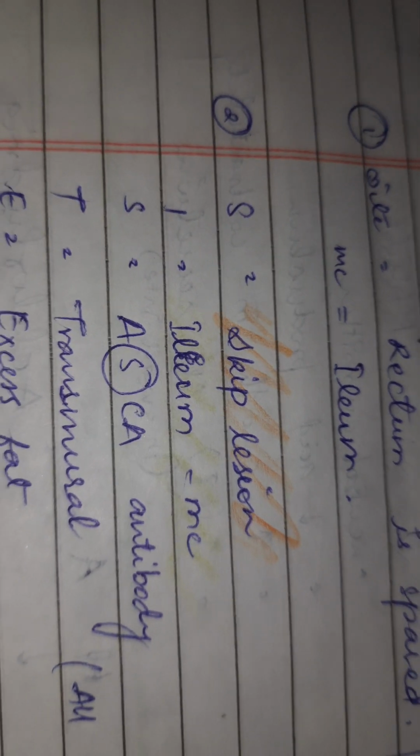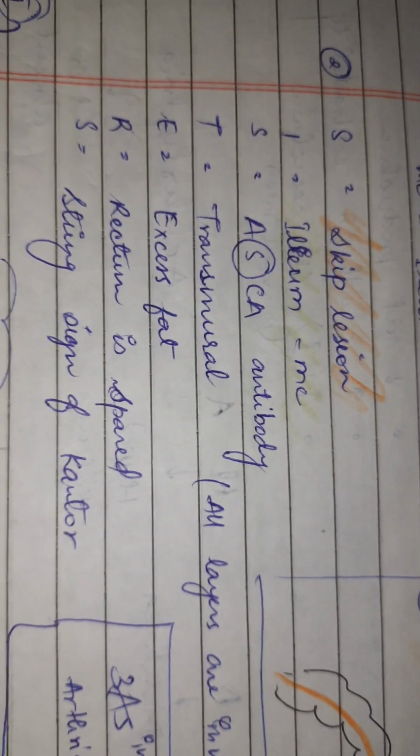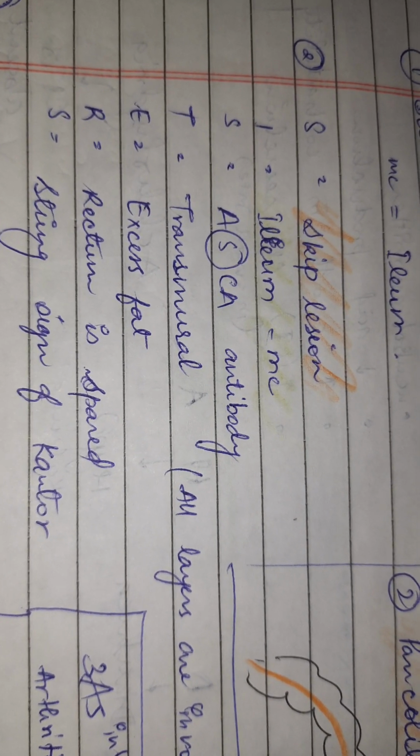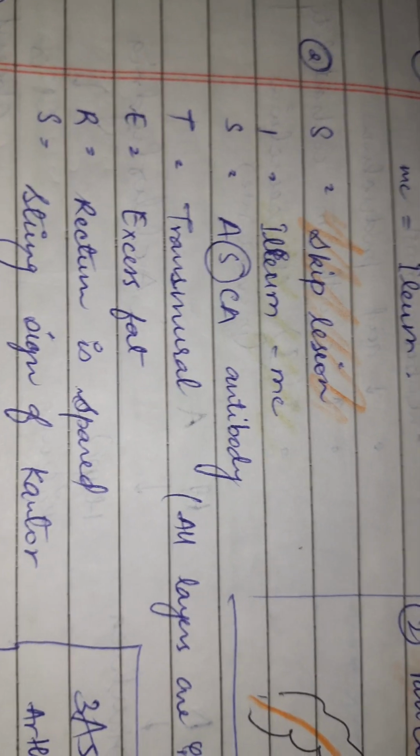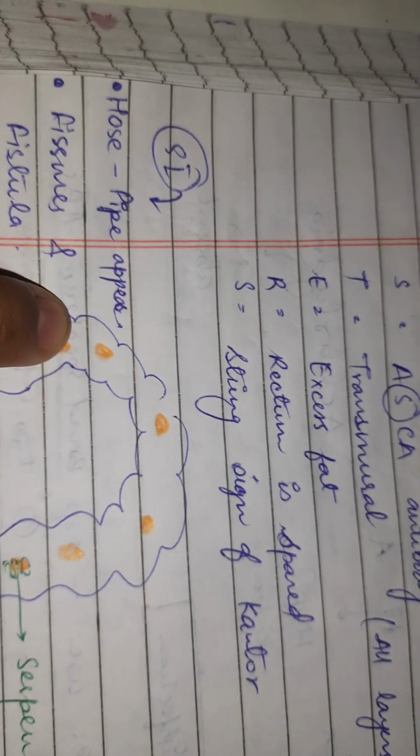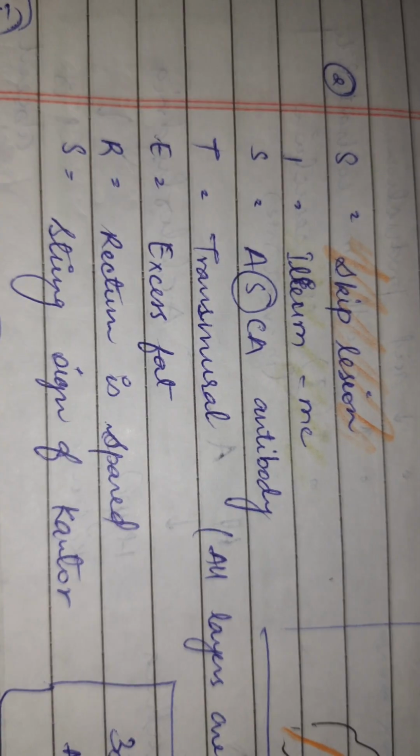Most common site is the ileum. Then SISTERS is the mnemonic to remember. S for skip lesions, not continuous. I for ileum, the most common site.